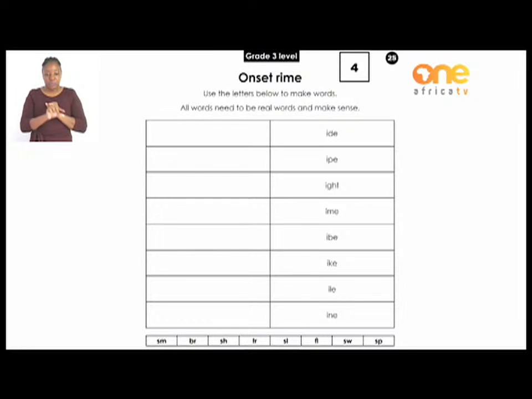Remember, all the words need to be real words, very real words, my dear children, so that they make sense, just like sentences. So let's take the first sound we can see. We can see the sound at the bottom of the column, sm. Let's say sm together. Sm. Very good. Let us now look at the column where we have all the other sounds.